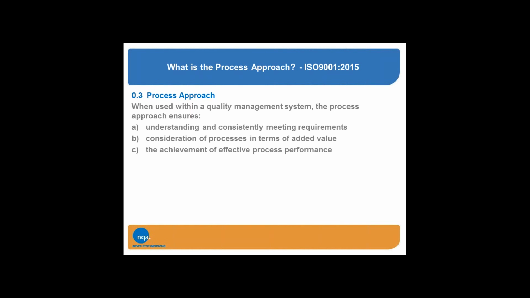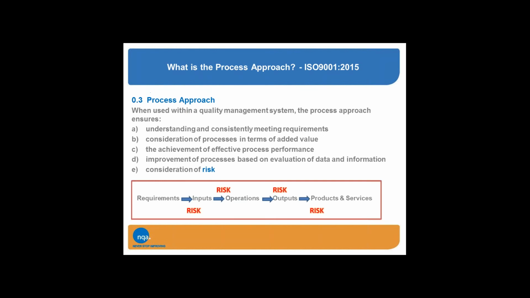We need to look at our processes to ensure that we're getting effective performance. And improvement of processes relies on measurement. It relies on having data and information about our processes and being able to evaluate that. And we need to think about risk within our processes, and I'll come back to that.